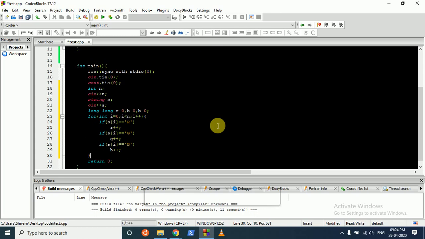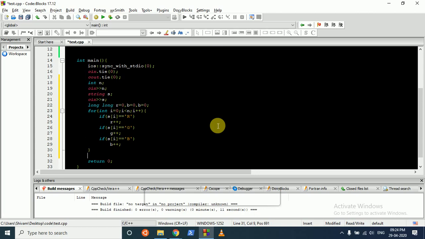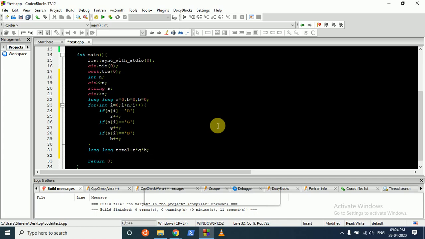Okay, so it tells us the frequencies of RGB in the total string, then the total number of triplets, total possibilities without regarding the second condition, are R into G into B. Okay, so now in the end we have to check whether there is a k for which the last condition is not true.